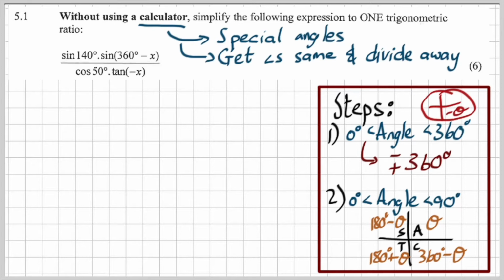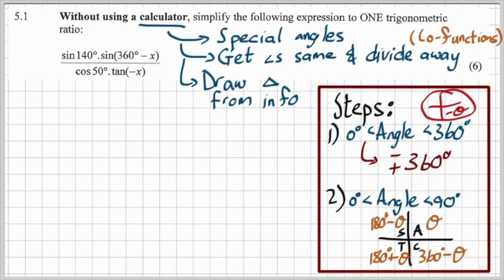For this, we usually look for co-functions, so your 90 degrees: 40 and 50, 20 and 70, 10 and 80. Those kinds of angles. If that doesn't work, draw a triangle from the information. If this doesn't work, I always have identities in my back pocket.